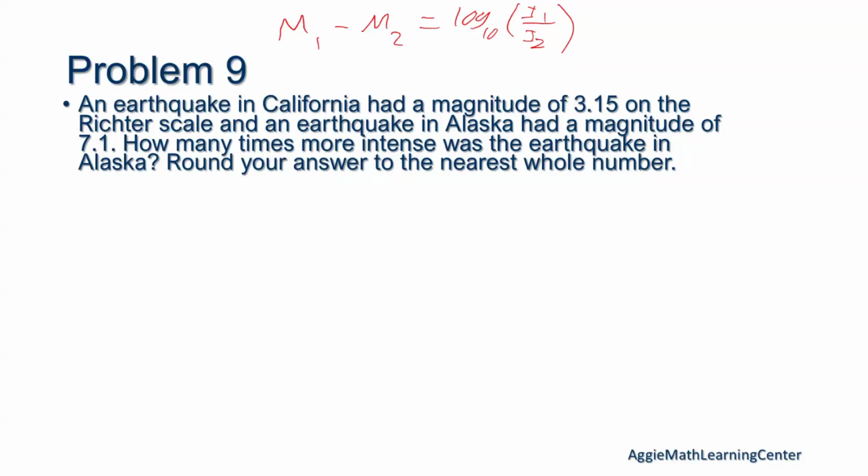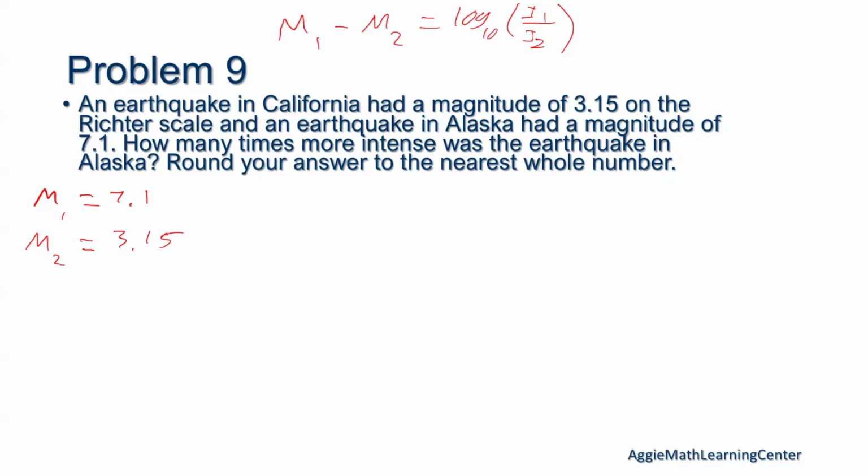So Alaska is M1 equals 7.1, and California is M2, which is 3.15. That's asking how many times more intense was the earthquake in Alaska versus California.